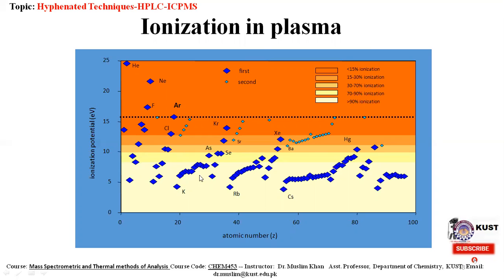So it can ionize the entire periodic table except for a few elements.